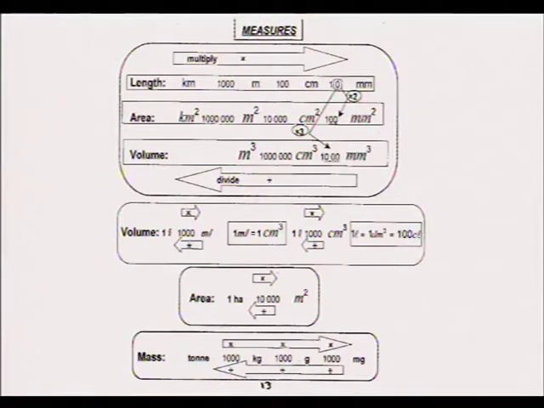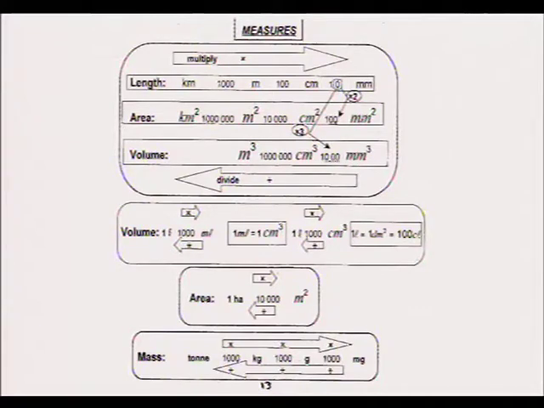Measurements. Length, we work with kilometers, meters, centimeters, millimeters. Area is square, like square kilometers, square meters, square millimeters. Volume is cubed, so m to the power 3, centimeters to the power 3, millimeters to the power 3.